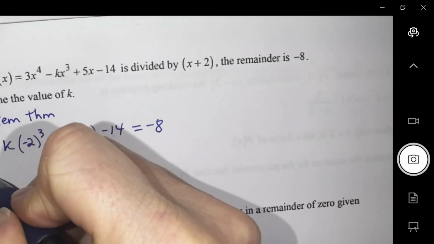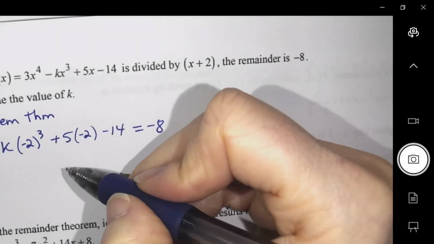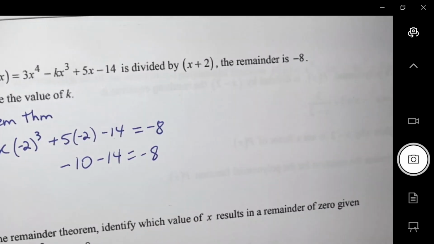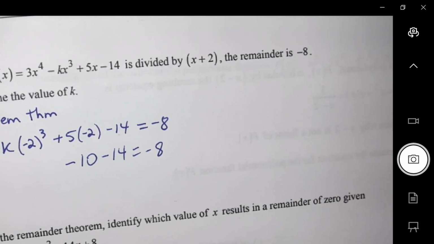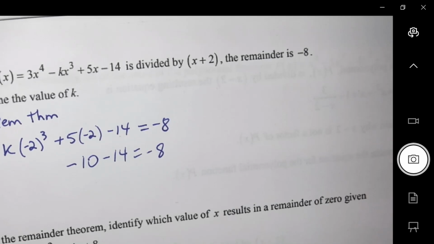Okay, so let's do some math on this. That's a 48. This would be a -10 and a -14. What do you want to write there? What is that all going to make right in the middle there? What does it come out to be? Negative or positive, first of all?